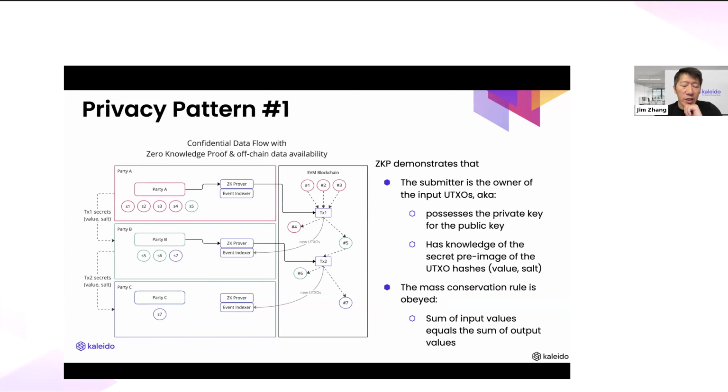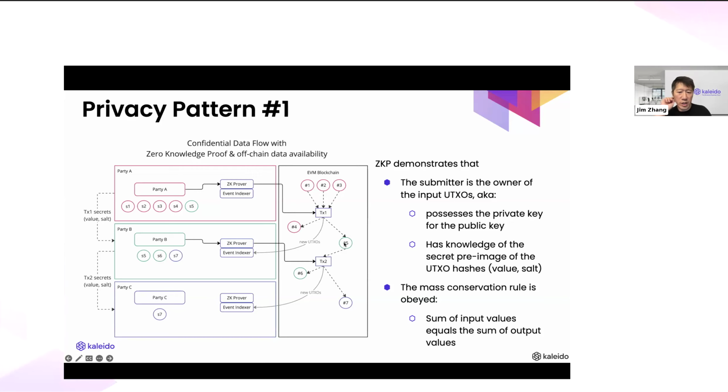Okay, so let's look at the first privacy pattern. In this picture, if you focus on the blockchain state first, we have this hash sign representing that these are hash-based values on the chain. So transaction 1 is spending UTXO 1, 2, and 3, and generates 2 more new UTXOs, 4 and 5.